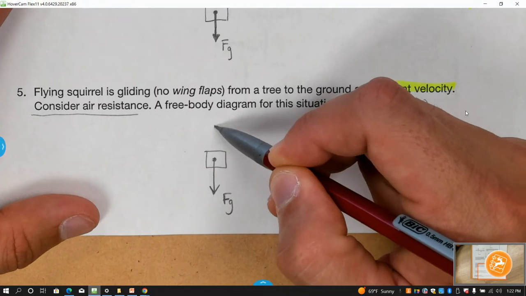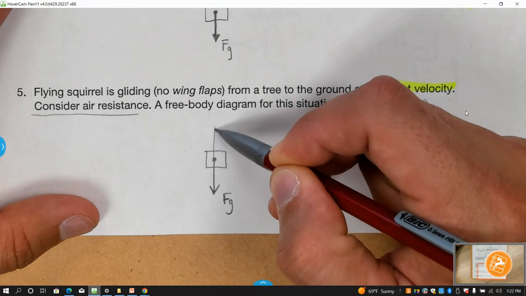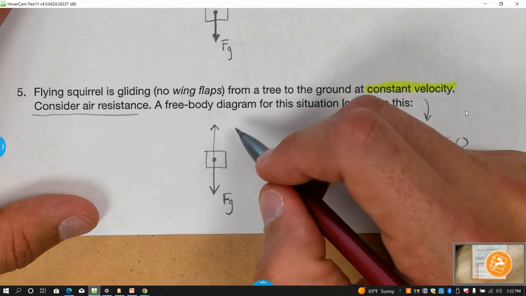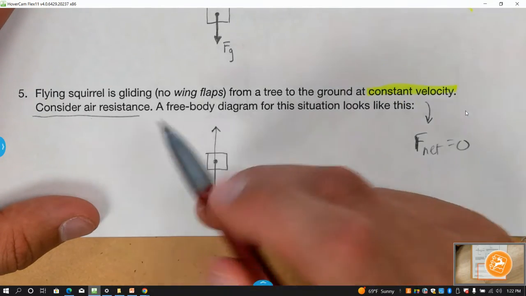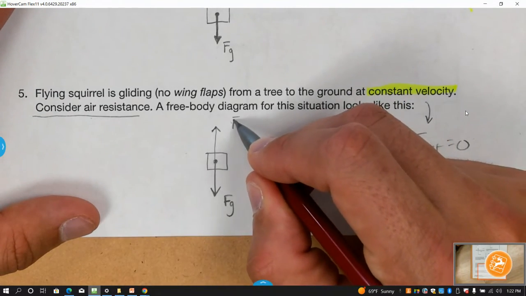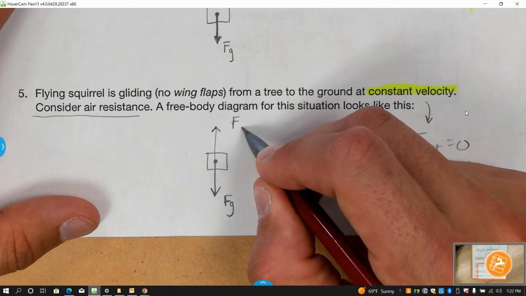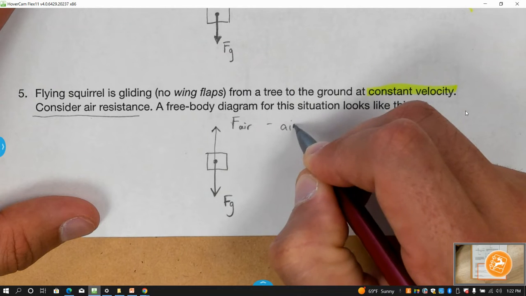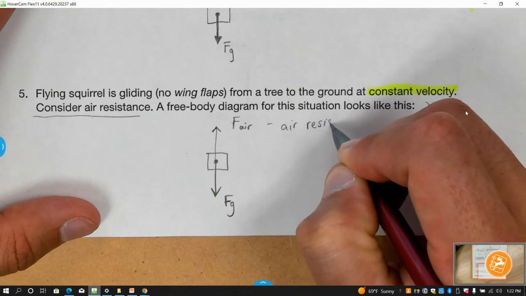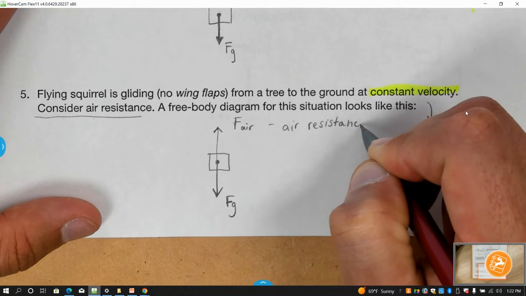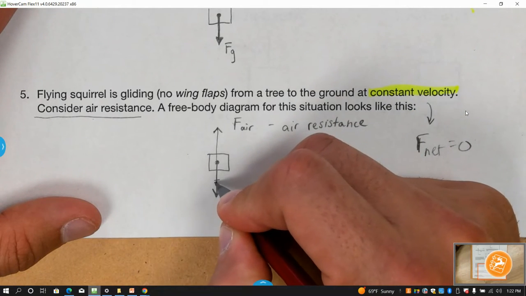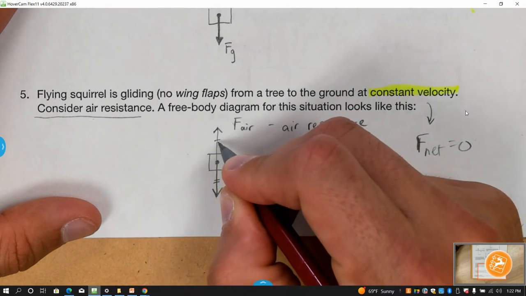What are we going to call this? We're going to call this air resistance, F subscript air. And if you want to show that these two vectors are equal, we're going to put a tiny little equal sign in them.